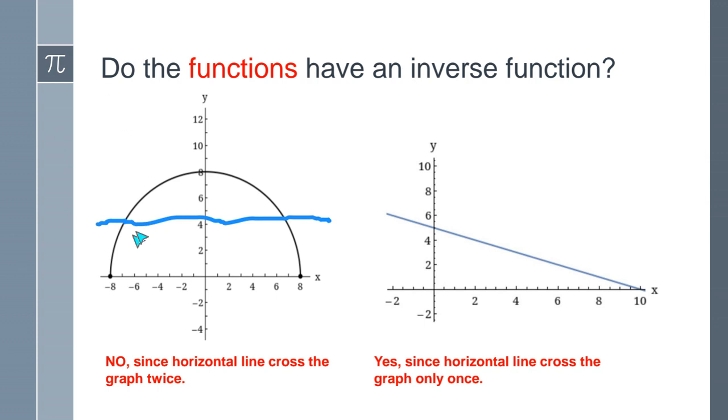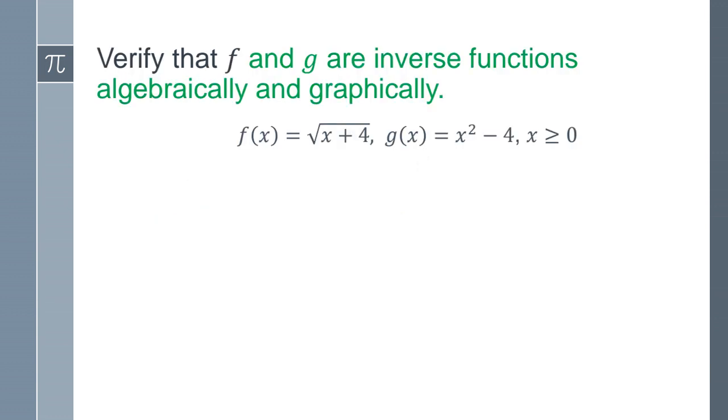Since the graph touches here and here, it's not going to be a one-to-one, or it's not going to have an inverse function. If we look at the second one, if you draw a horizontal line, then it's only going to touch in one location. And so that's going to make it have an inverse.